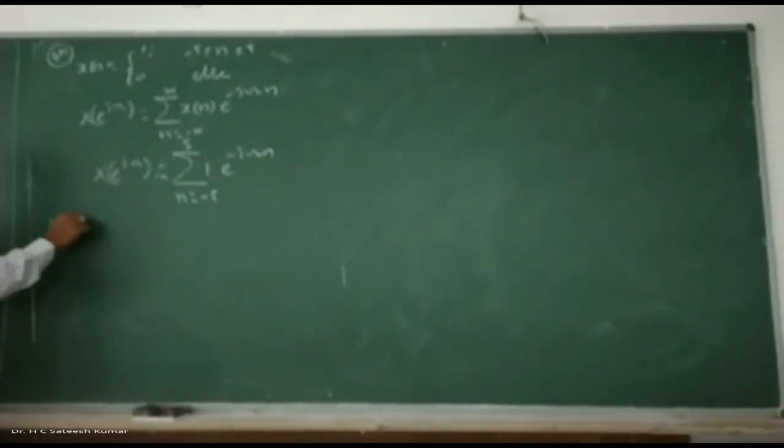Therefore, X of e to the power of j omega: starting from minus 5 up to plus 5, we have 11 values. 1 to 5, 5 values, minus 1 to minus 5, 5 values, plus the 0th value.